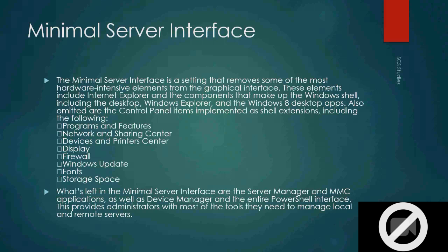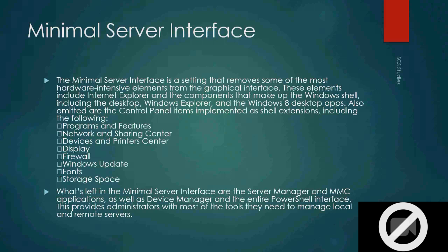Components that make up Windows Shell include the desktop, Windows Explorer, and Windows 8 desktop apps. If you have a look at the 2012 server, on the start menu you can see some app-based services are available in 2012.